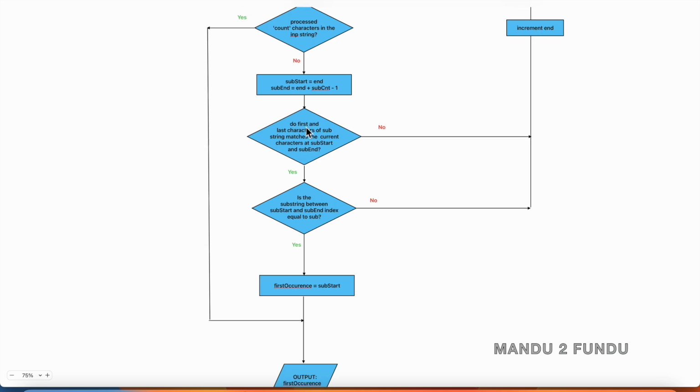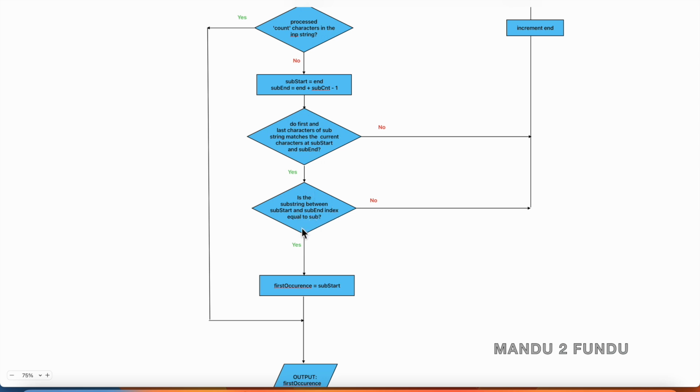Next, we check whether the first and last characters of the substring match the characters at substart and subend in the input string. If they match, then we check whether the entire range forms the substring, because in between there may be different characters too.